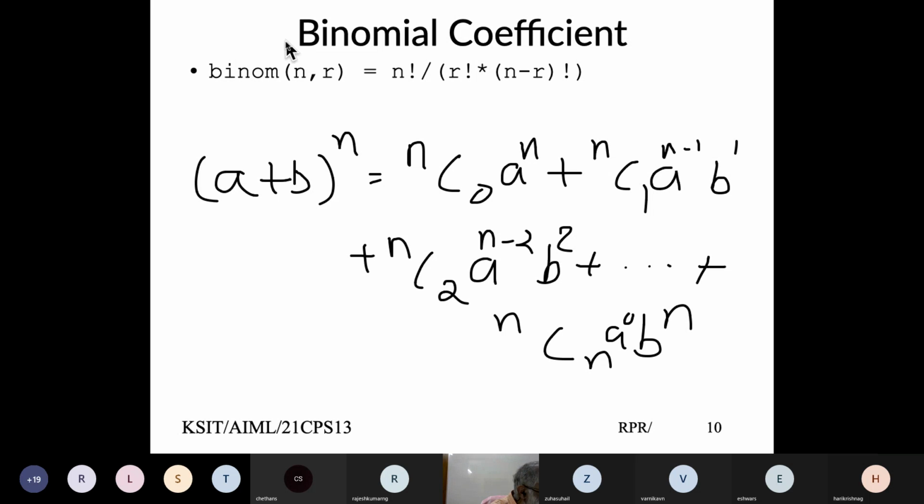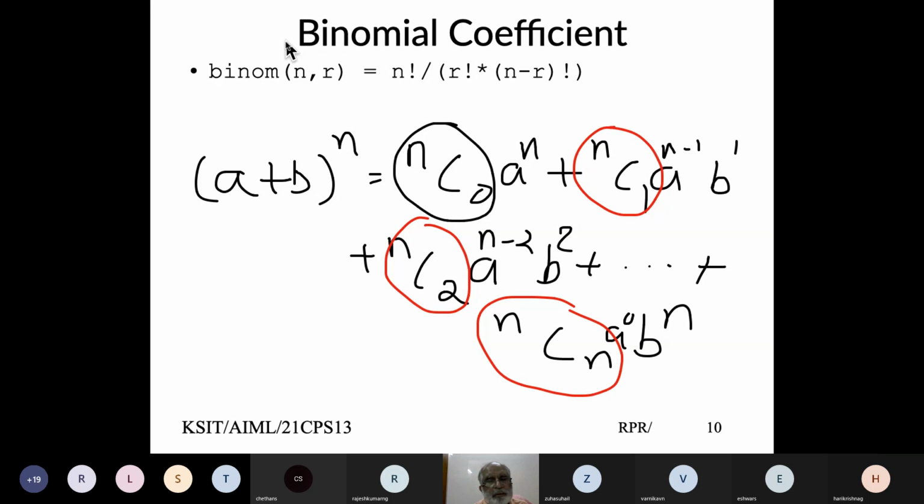And these terms are called binomial coefficients. Our purpose is to compute this binomial coefficient, and that is what we want to do: write a program to compute this example.